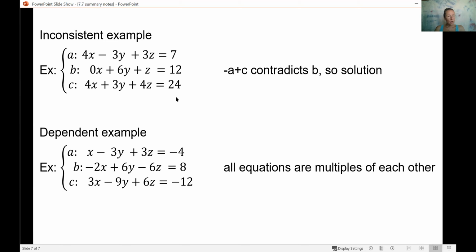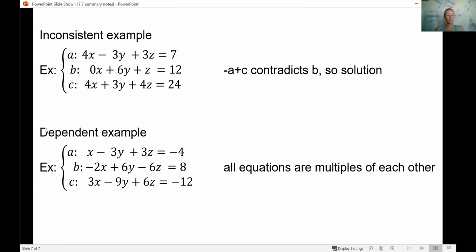So I would get a new equation that says 6y plus z equals 17, but equation B says 6y plus z equals 12. Both of those things can't be true. So you're going to get statements that contradict each other. If you get contradicting statements, then you have an inconsistent system, which means there is no solution because they will never all overlap. Okay.